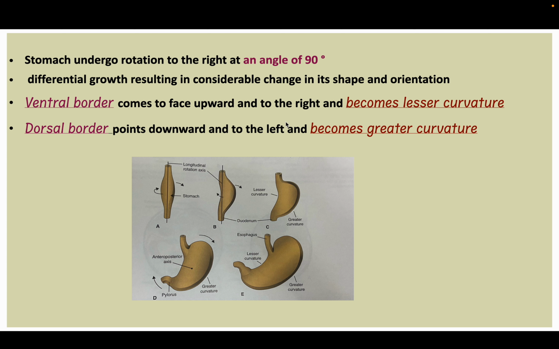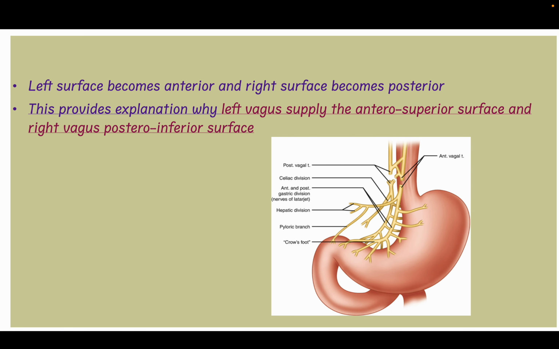This is important. Once the 90 degree rotation happens, the left surface becomes anterior and the right surface becomes posterior.